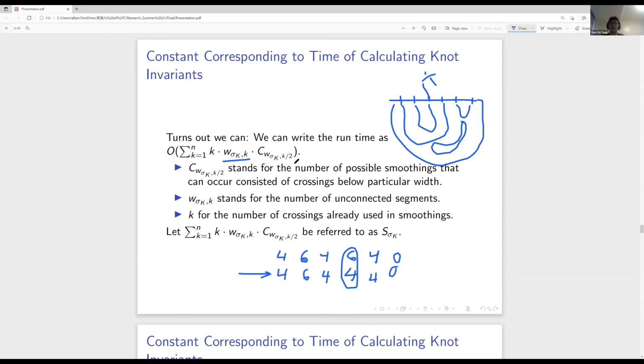But where this formula is going to be particularly useful is if we instead come up with something like, where the width is going to be 4, 4, 6, 4, 4, 0, right?